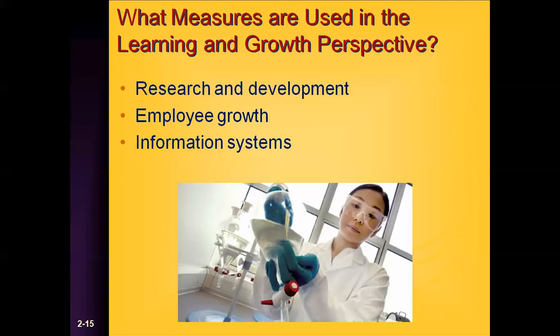Information systems are basically the computer investment and software investment that a company would be making in its business. The more they invest in this area is typically a good indicator of how sophisticated and how well run a particular company is.